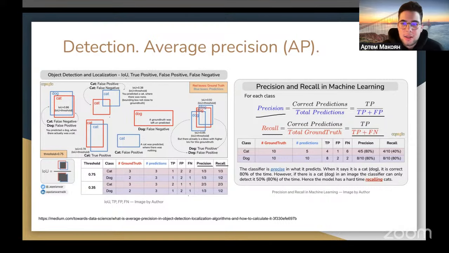And for recall, it's more about, I don't know, have you played games about guns? When you don't need each of your shots to find its target, but you want to cover as much as you can. So precision needs to be precise, and recall should cover as much as it can.